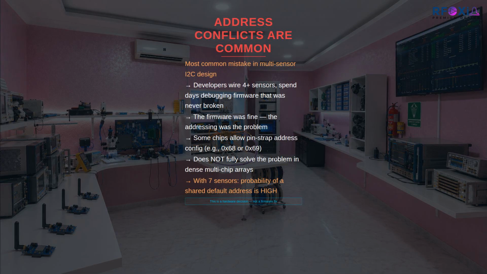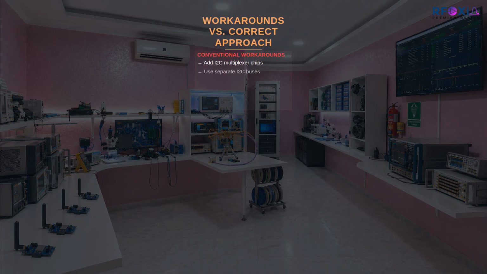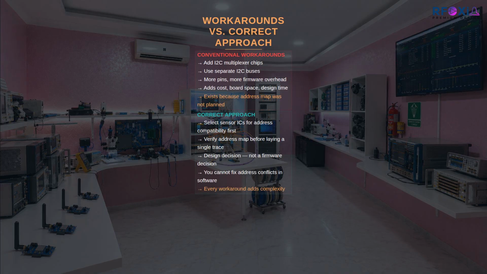The conventional response to this is to either add I2C multiplexers, which are additional chips that let you switch between address spaces, or to use separate I2C buses entirely, which means more pins, more complexity, more firmware overhead. Both solutions work. Both solutions also add cost, board space, and design time.